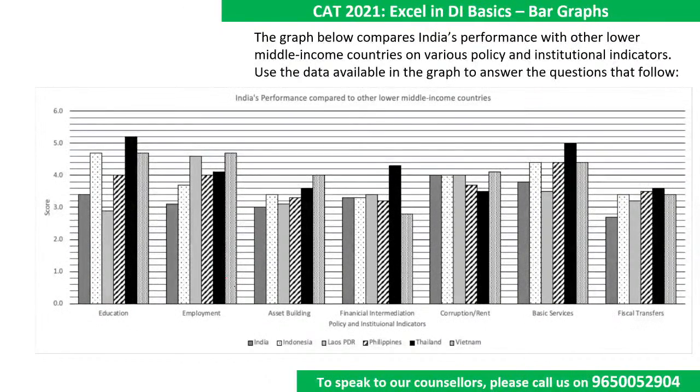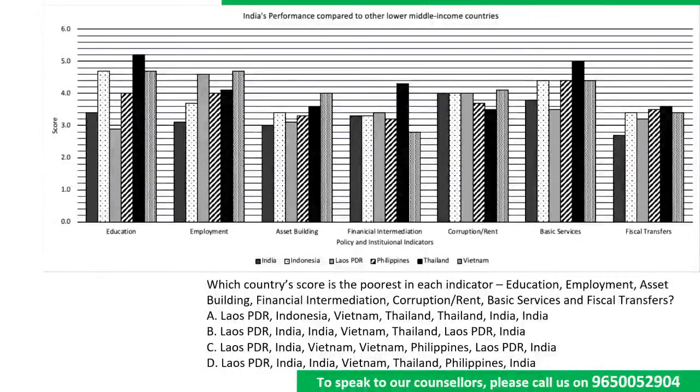There are different parameters, 6 parameters given: education, employment, asset building, financial intermediation, corruption/rent, basic services, and fiscal transfers, and there are 6 countries given to you. This is the first question: which country's score is the poorest in each indicator, in this order?